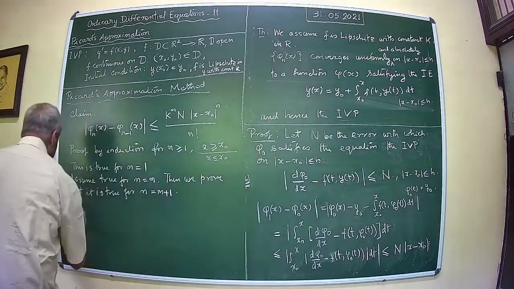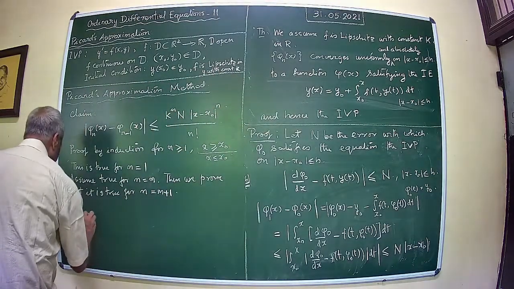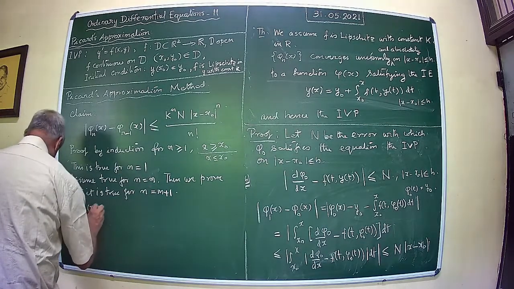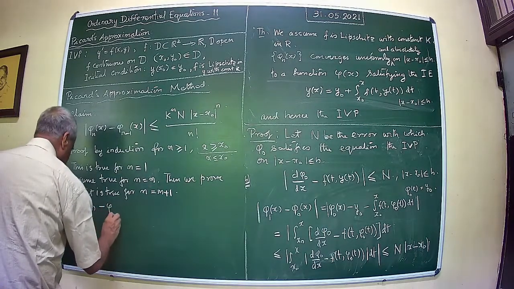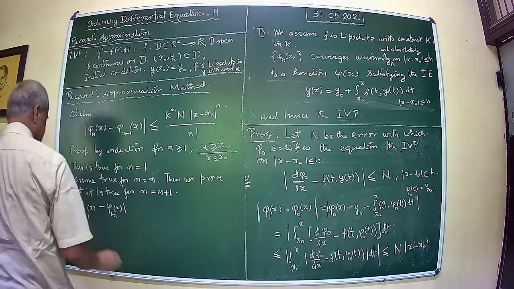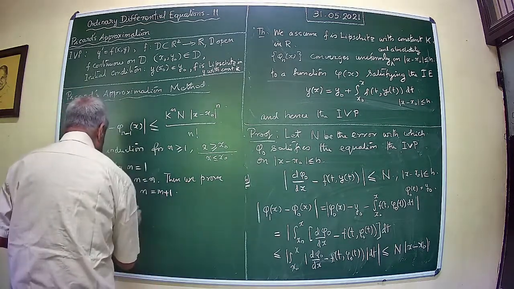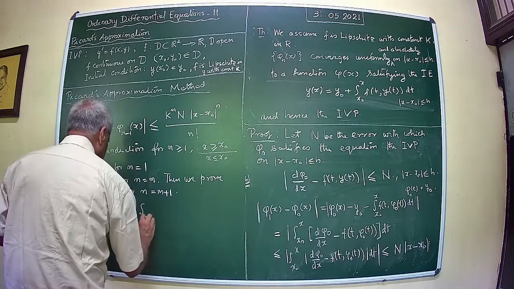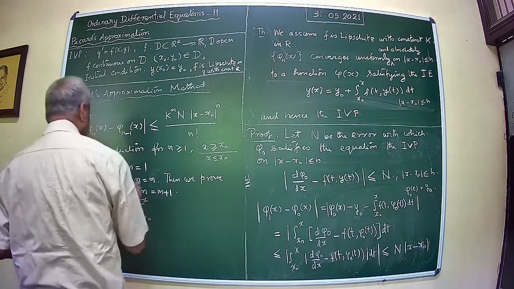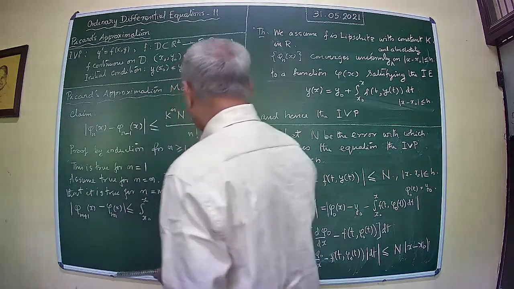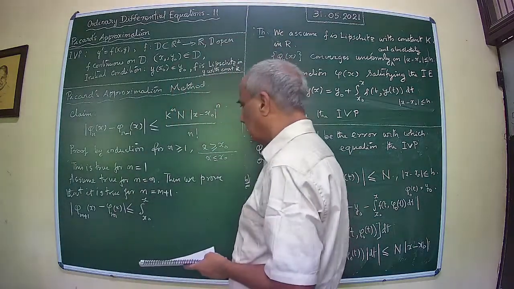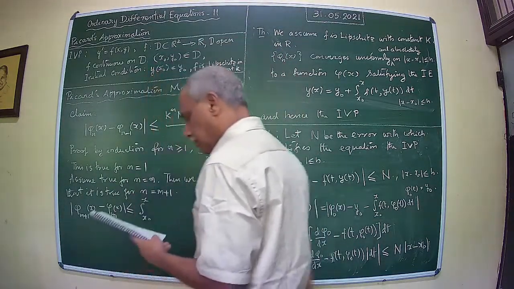So you see that phi m plus 1, let us estimate this. Now this is less than or equal to integral x naught to x. Now I can write here integral x naught to x because I am assuming x greater than or equal to x naught. Otherwise I have to put a bar there.